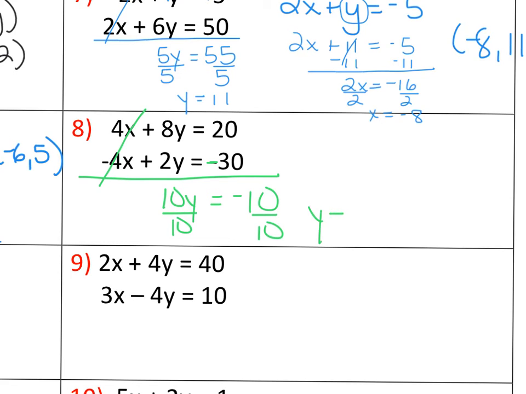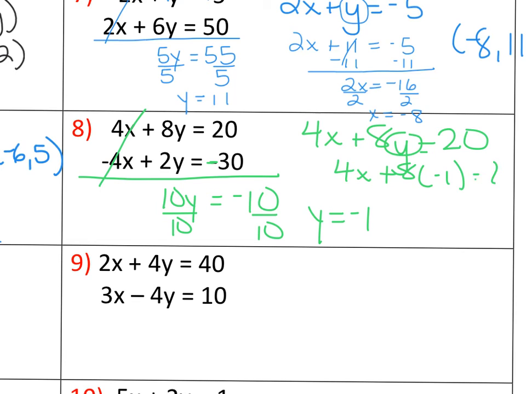Y equals negative 1. Okay, I'm going to use the top one again because the top one has all positives. And I'm going to plug in negative 1 for my y. So 8 times negative 1 is negative 8, or you can treat that as a minus 8. So the opposite would be to plus 8 on both sides.